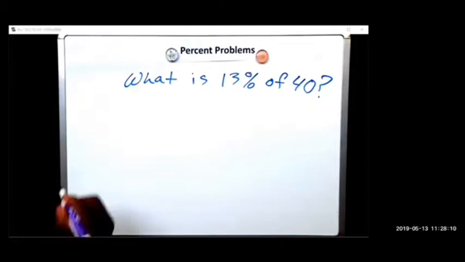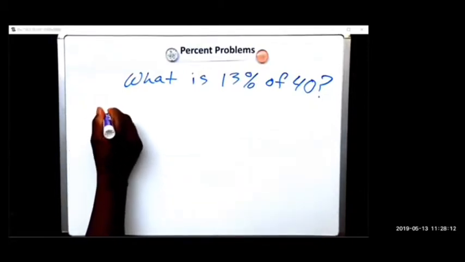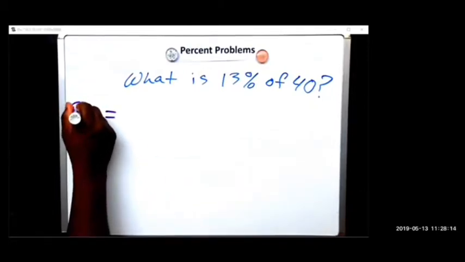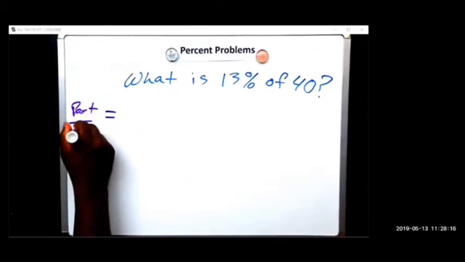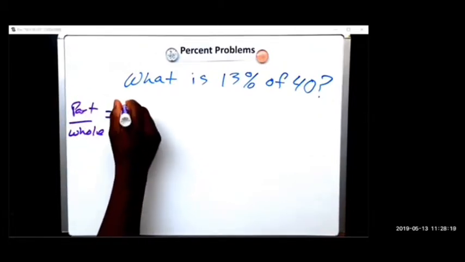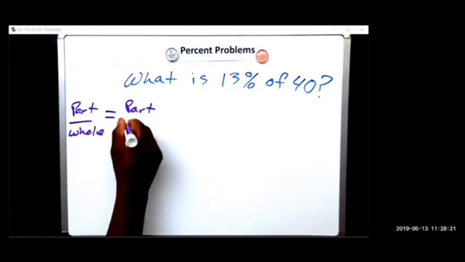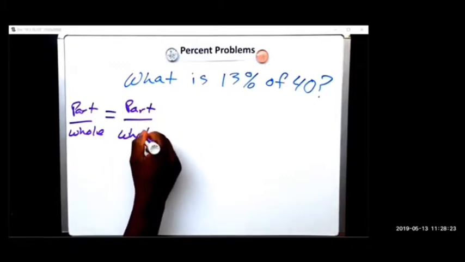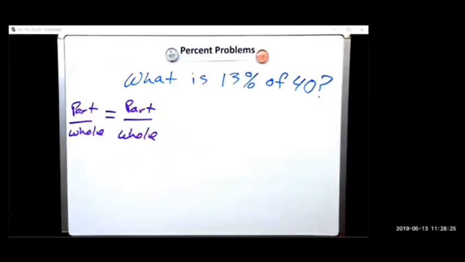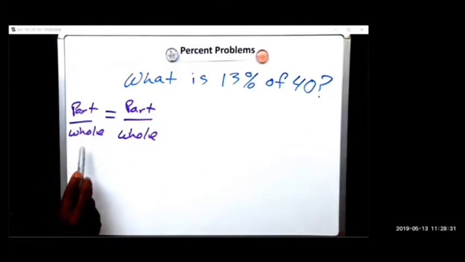All right, now, when we're dealing with percent problems, we need to know that we're going to be dealing with a proportion where you have a part over a whole is equal to a part over a whole. So remember that. When we set up a proportion, you want to always make sure that the part is in the numerator and the whole is in the denominator, okay?